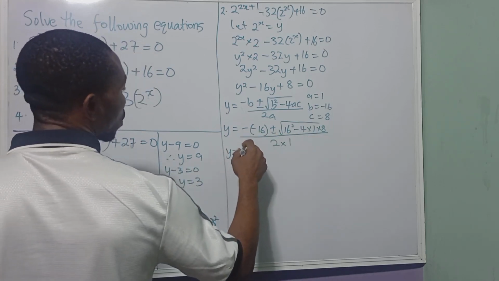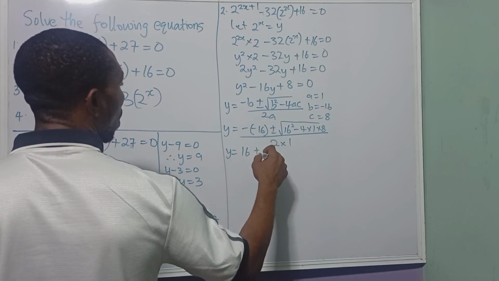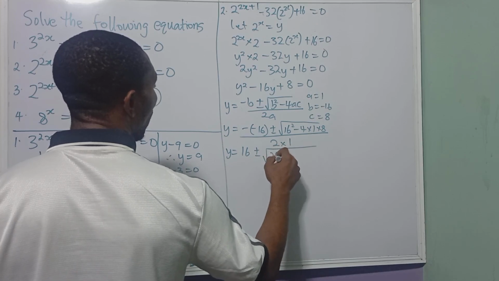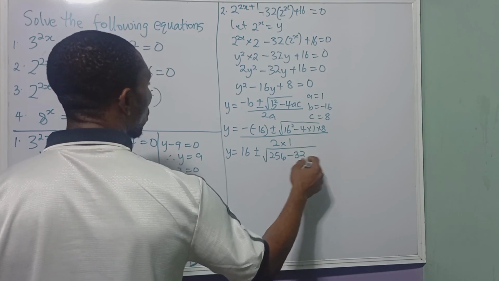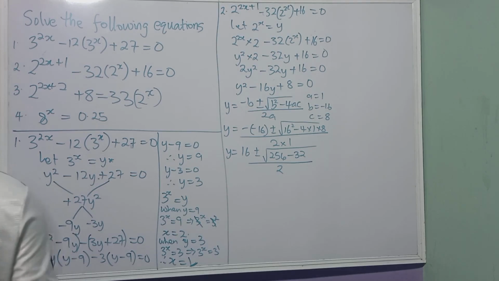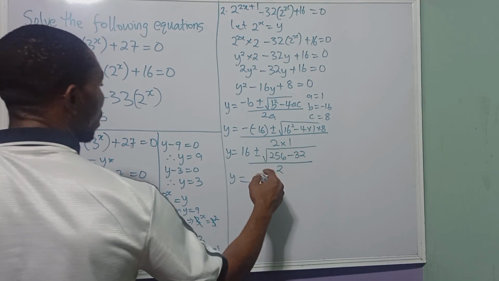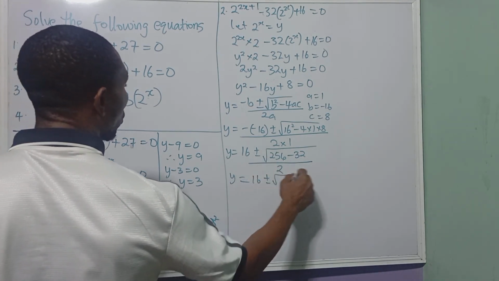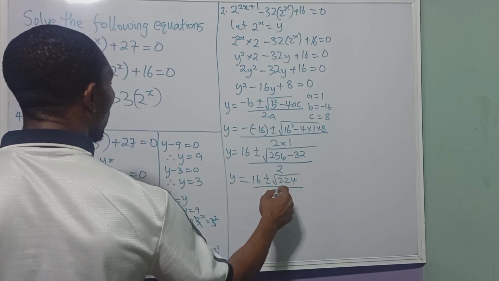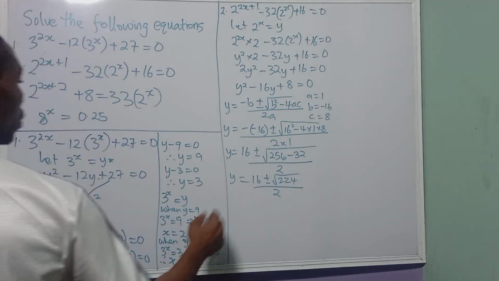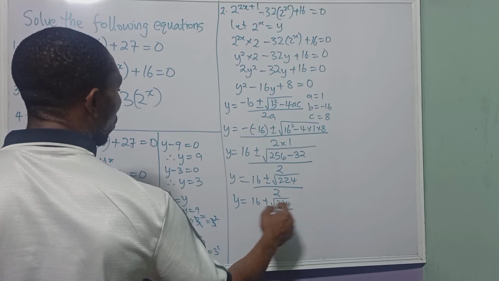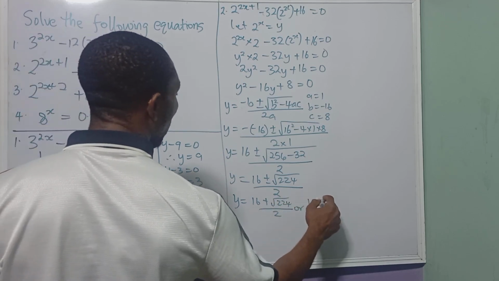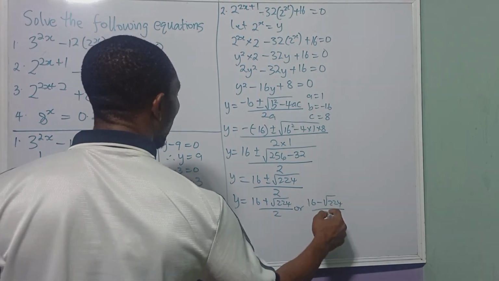So y equals 16 plus or minus root 256 minus 8 times 4, 32, all over 2. So y equals 16 plus or minus root 224 over 2. This y would be 16 plus root 224 over 2, or 16 minus root 224 over 2.